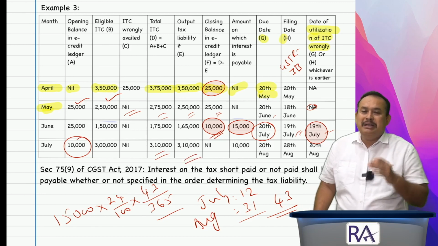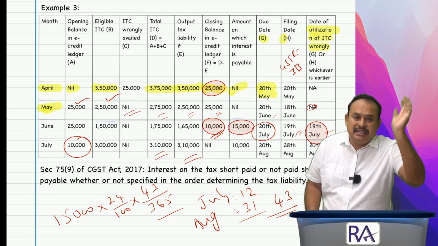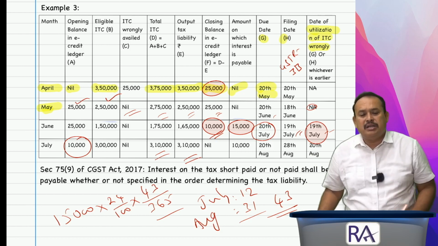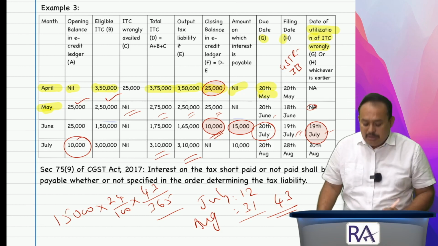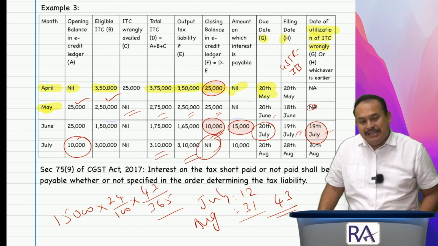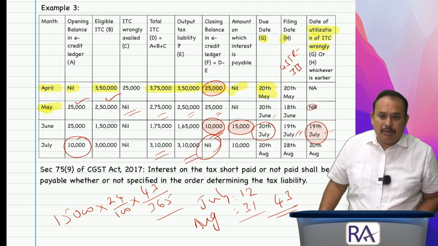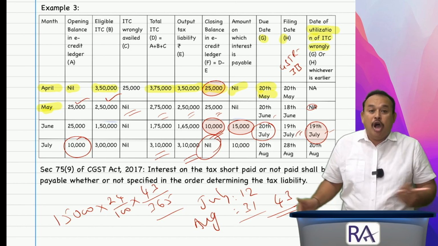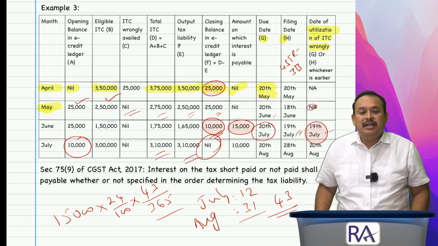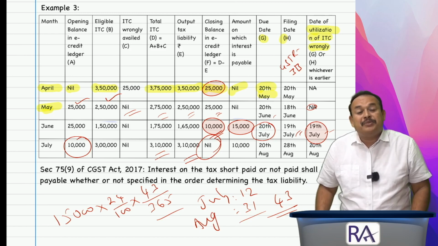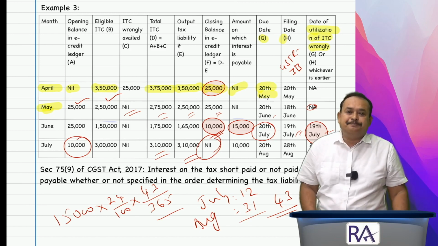So, while paying the 3,10,000, the electronic liability ledger plus the input tax credit ledger enter 3,10,000, resulting in closing balance nil. Meaning thereby, of the 25,000 wrongly availed in the month of April, you have utilized 15,000 in the month of June and 10,000 in the month of July.